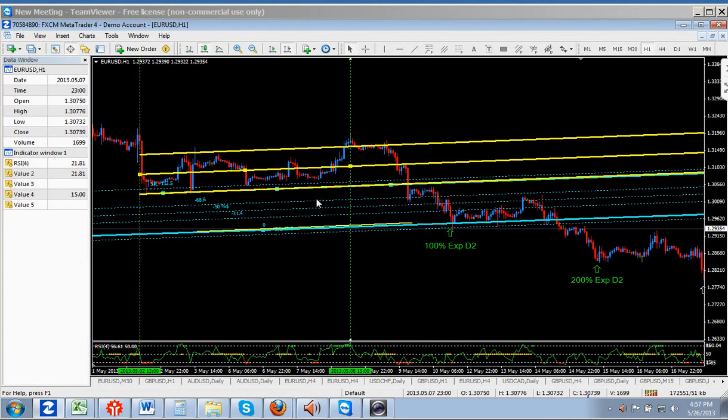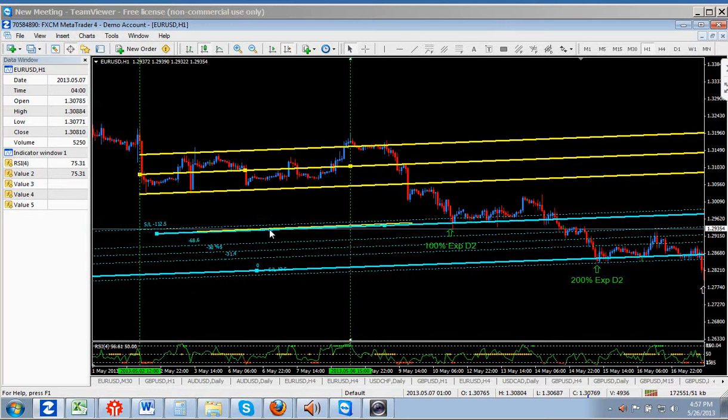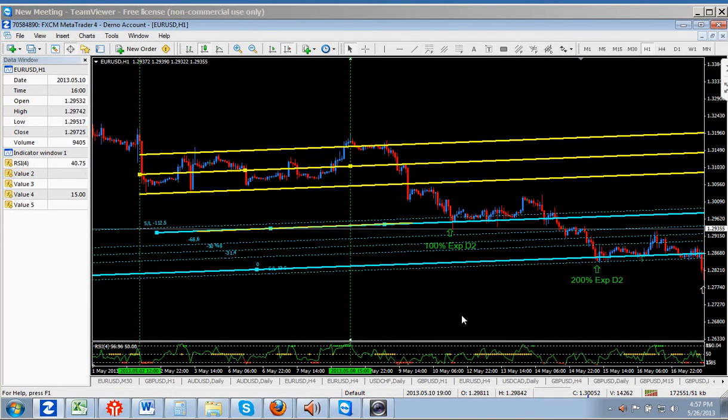And if you moved it one more level down, that would be a 200% expansion, which also produced a bounce on May 15th. Okay, so you had a bounce at the 100% expansion and the 200% expansion.